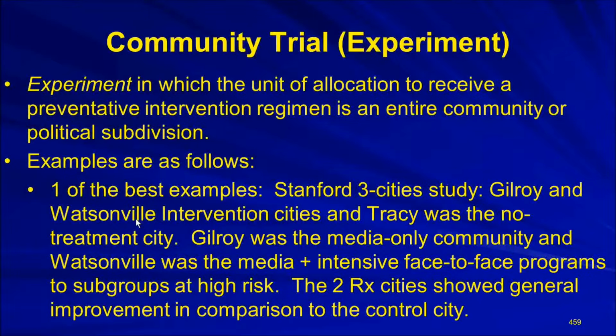This is a study I happened to participate in, and I want to lay it out for you as to conditions and what was randomized and what wasn't randomized and things of that nature, so that you have a pretty good understanding of it. We had three cities, obviously, Gilroy and Watsonville, which were the intervention cities, and Tracy was the no treatment city, and I'll explain to you why.